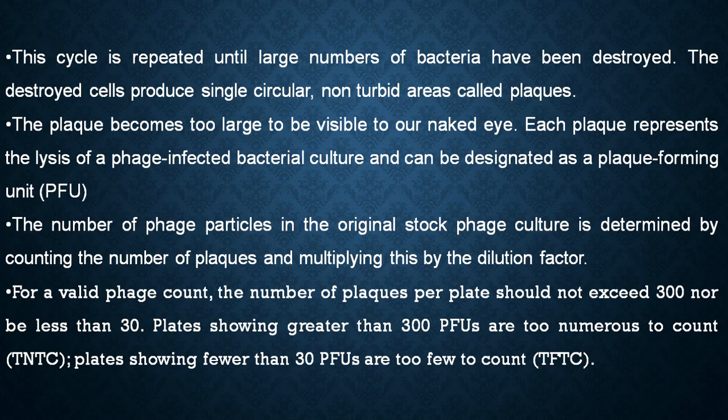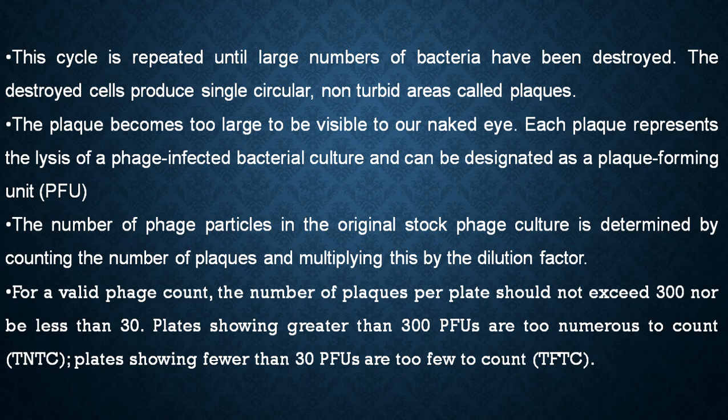Cells produce single circular non-turbid areas called plaques. The plaques become large enough to be visible to the naked eye. Each plaque represents the lysis of phage-infected bacterial culture and can be designated as a plaque forming unit, that means PFU. The number of phage particles in the original stock phage culture is determined by counting the number of plaques and multiplying this by the dilution factor.